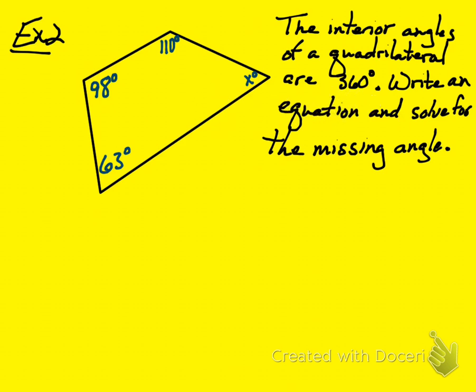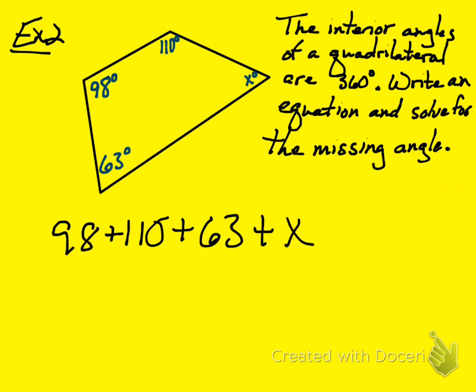So if I added all these up, 98 plus 110 plus 63 plus x, those are all my angles. Interior angles are the angles on the inside of a shape. I know if I add those all up, I'm going to get 360.